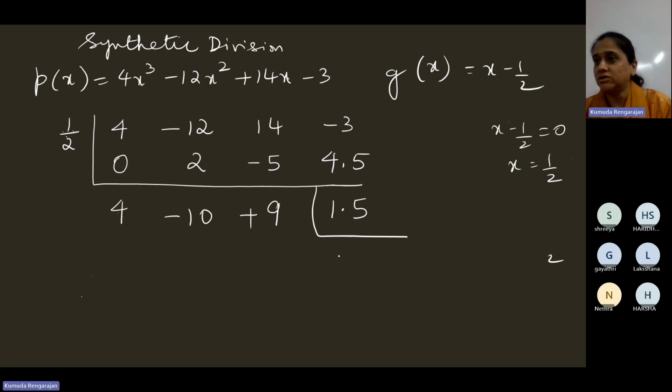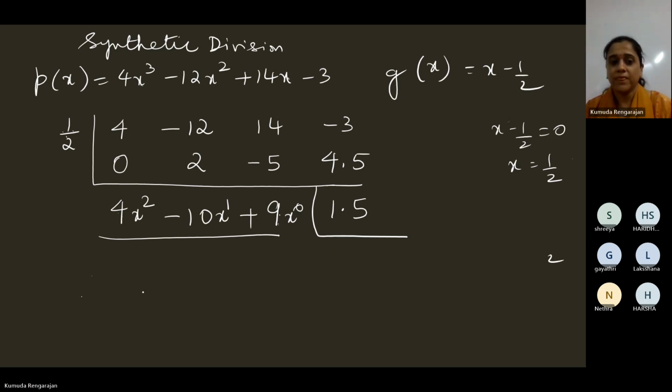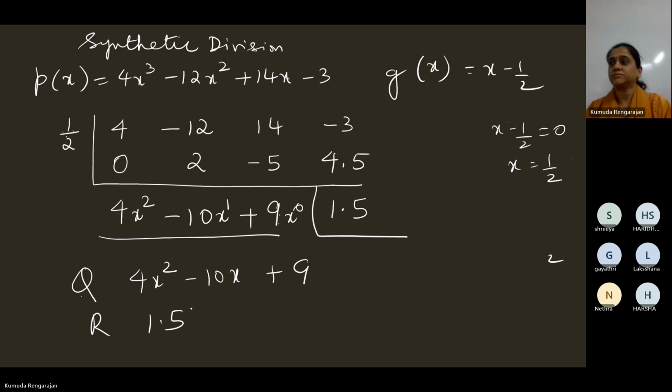The last number is the remainder, children. The rest of these form the quotient. Now, how do you write the quotient completely? This is the constant, so that is x to the power 0 here. X to the power 0 is 1. So before that it will be x to the power 1. And this will be x to the power 2. All right. So the quotient is 4x squared minus 10x plus 9. And the remainder is 1.5. This is synthetic division. So see, it's a shortcut.